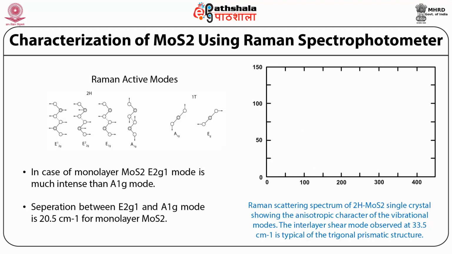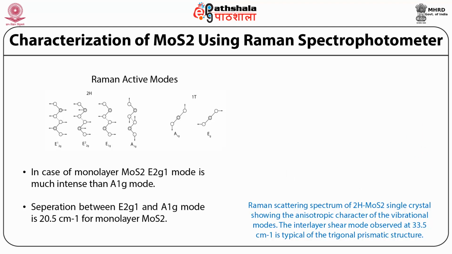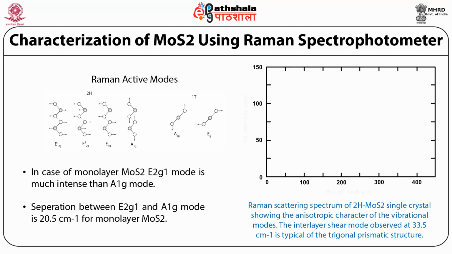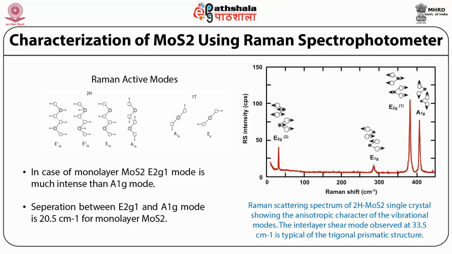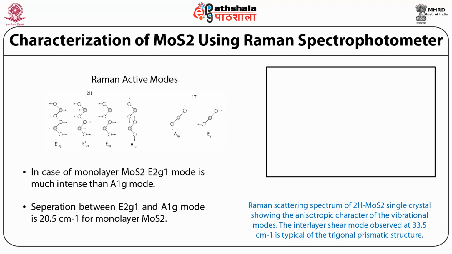The E2g1 mode at 383 cm inverse is an intra-layer vibrational mode involving motion of Mo plus sulfur atoms in the basal plane. The peak at 286 cm inverse with weak intensity and E1g symmetry is observed, which involves sulfur atoms in the basal plane.